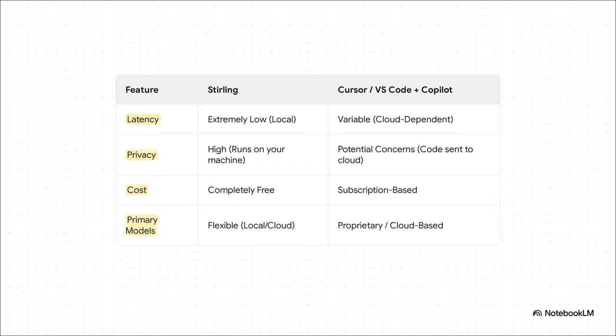Next, privacy. Stirling is a huge win here. Your code never leaves your machine. With the other guys, you're sending your code to the cloud, and, well, that comes with potential concerns. Then, the big one, cost. Stirling is 100% free. Copilot? That's a subscription. And finally, you get total model flexibility, instead of being stuck with whatever proprietary model they give you.